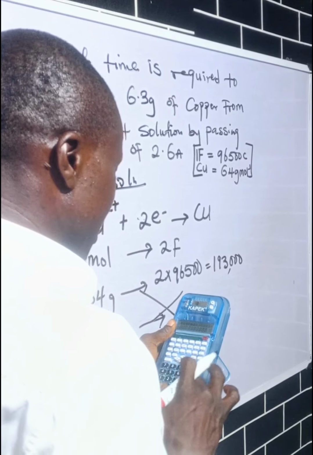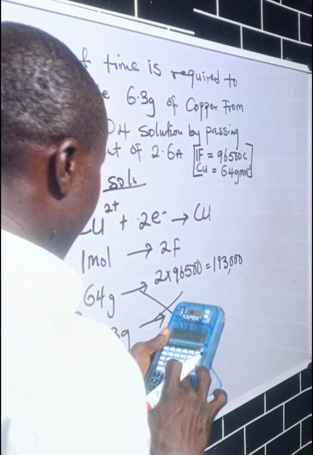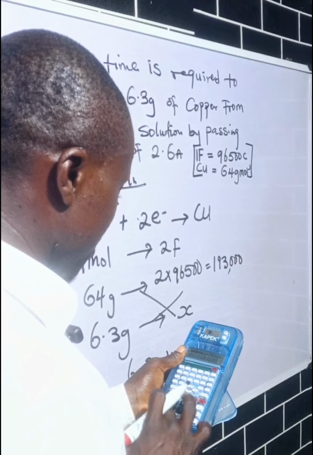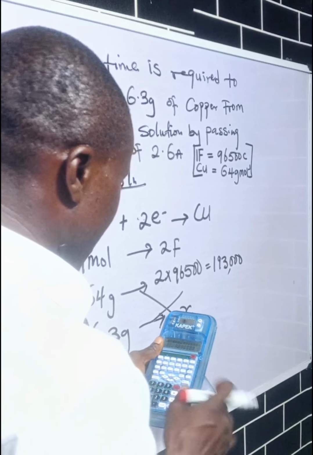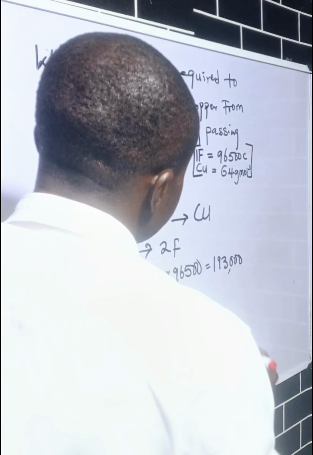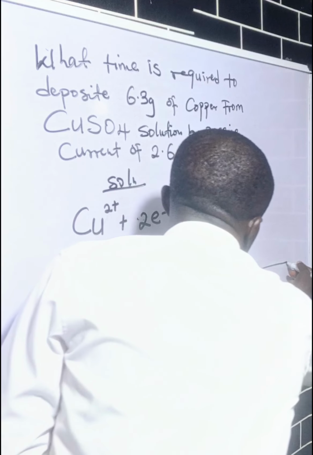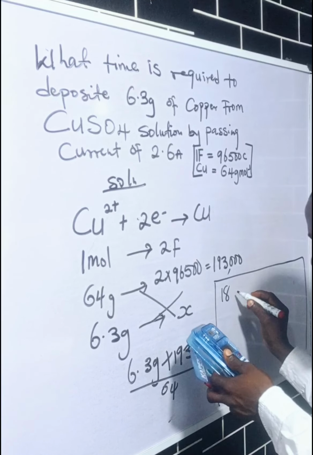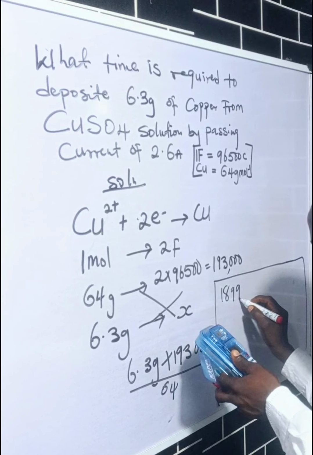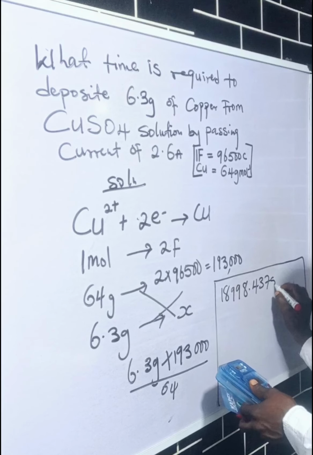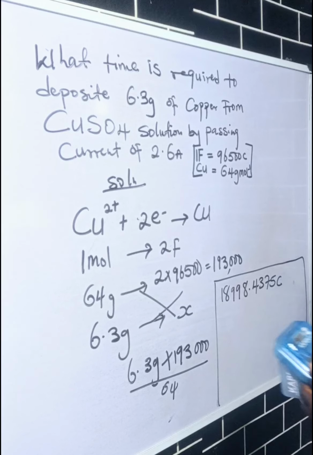Let's check: 6.3 times 193,000, then divide by 64. It will give us 1898.4375 coulombs. This is what it will require to deposit this 6.3 gram.